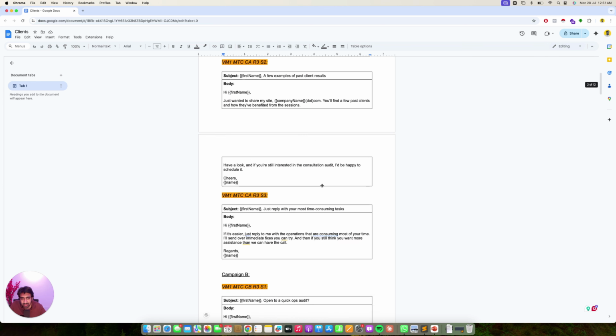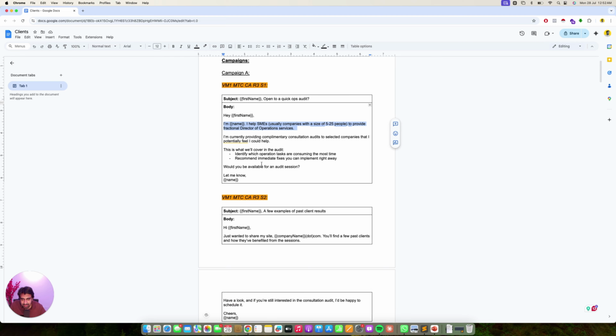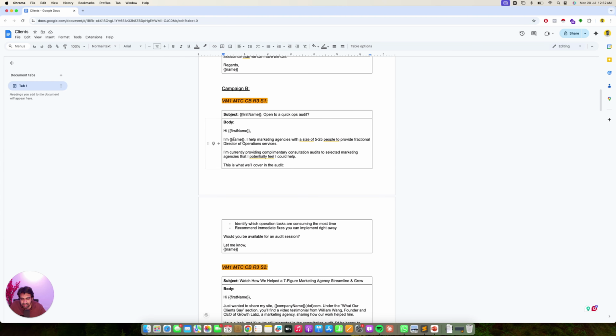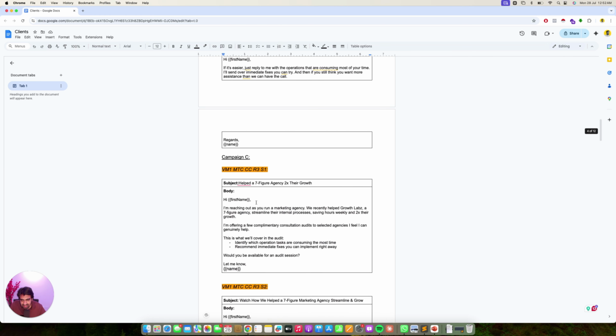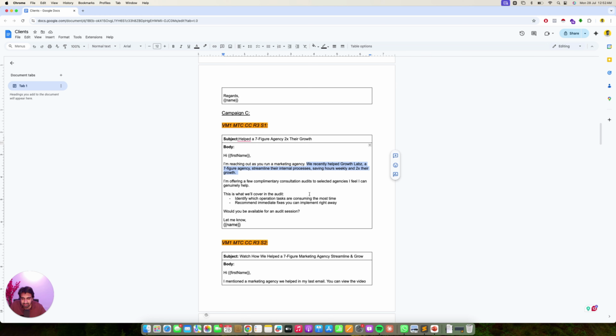So the difference between the three sequence one campaigns, if you see here, I'm being very direct saying that I help SMEs. Here I'm trying to say that I help marketing agencies because I target marketing agencies. For campaign C, I'm just adding a bit of detail saying that I recently helped GrowFlap, which is also a marketing agency. That's the difference. Same copy style, but just a tweaking of the lines.